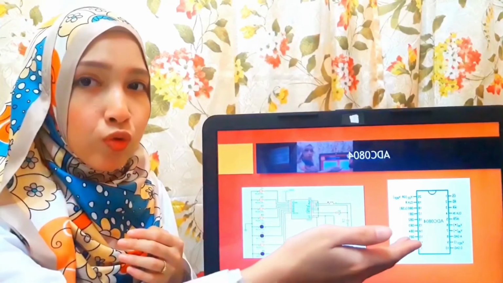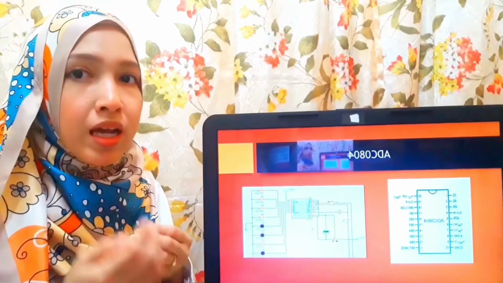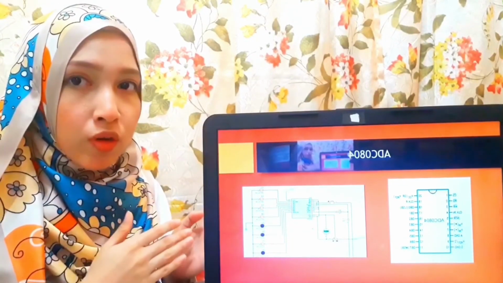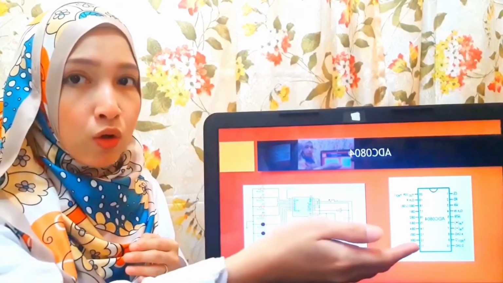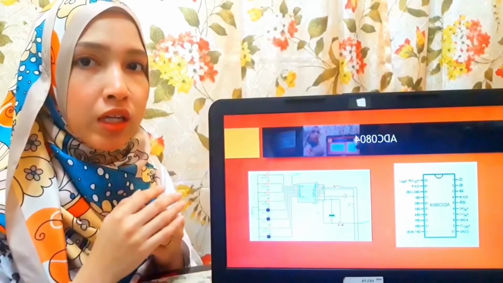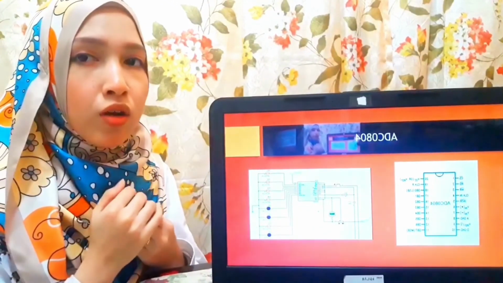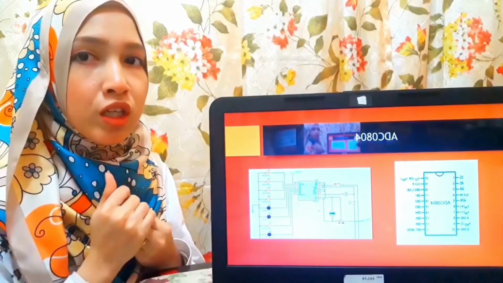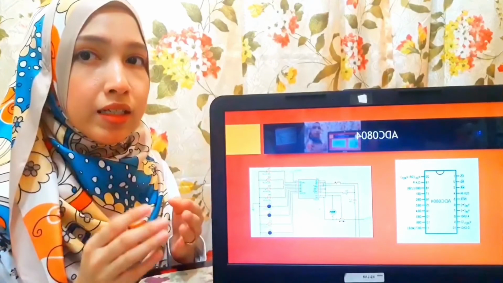VREF/2 at pin 9 left open means the input voltage span is 0 to 5 volt. So have a look at the table below for different VREF/2 voltages and their corresponding analog input voltage spans.